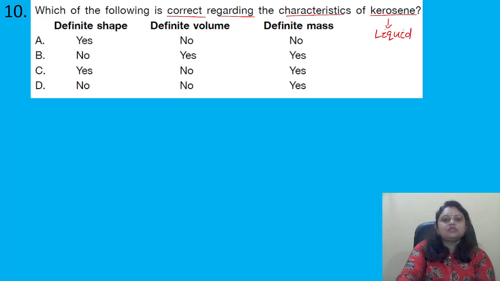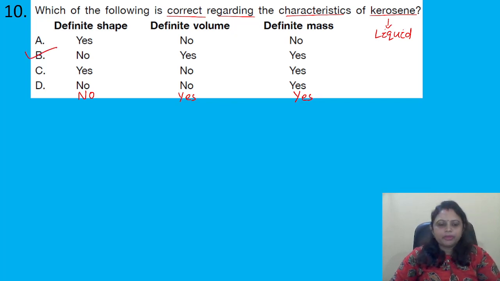Liquids do not have definite shape. They take the shape of the container in which they are kept. Now, definite volume, yes, liquid has definite volume, and definite mass, yes, it has definite mass. So it is present in option B.